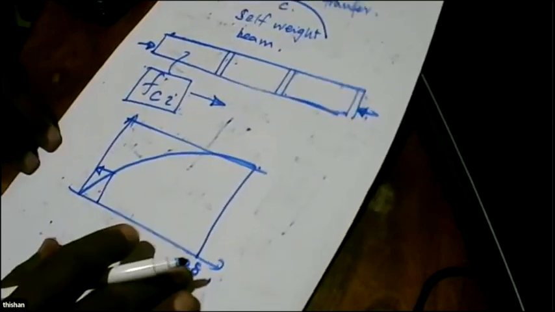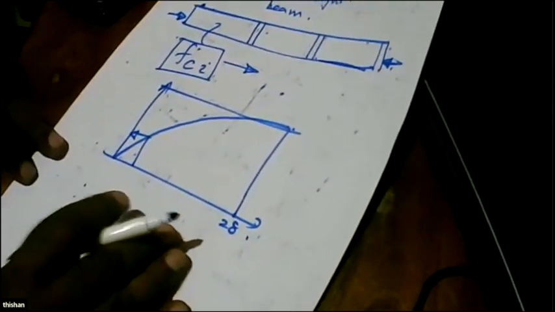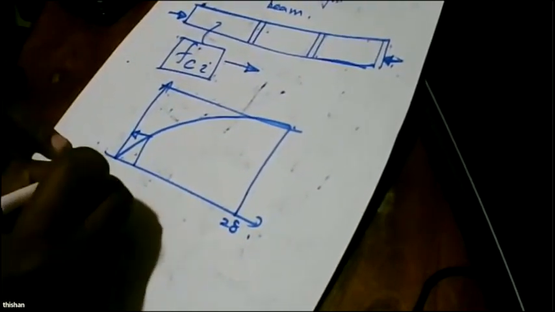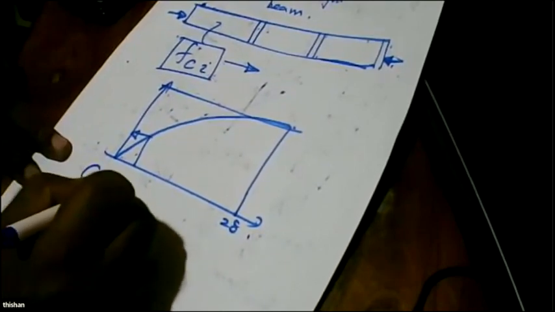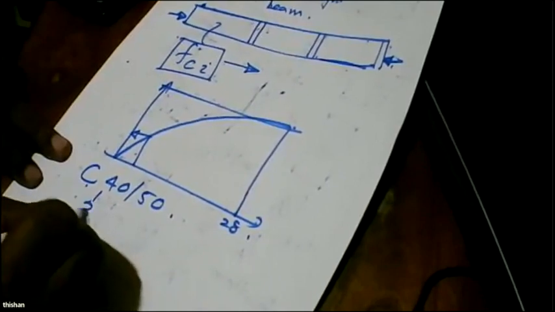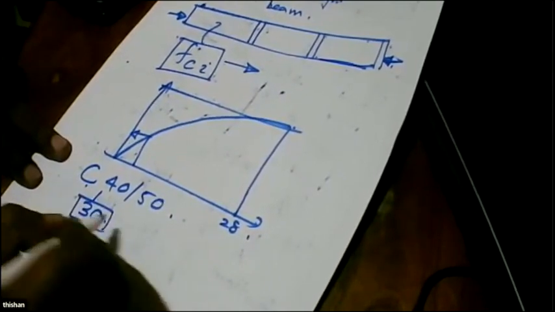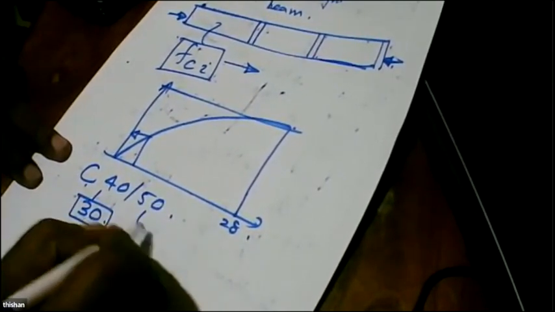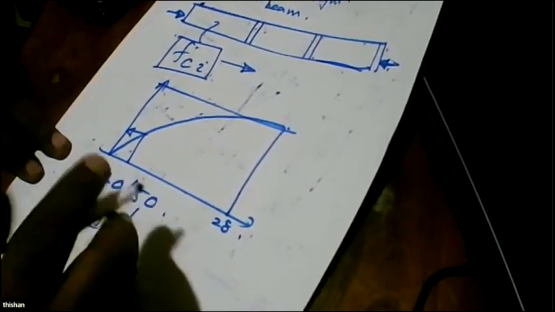So we may not have all the strength that we need. So if you are using 40-50 concrete, at the transfer we might specify the concrete should reach about 30, or something like 35.